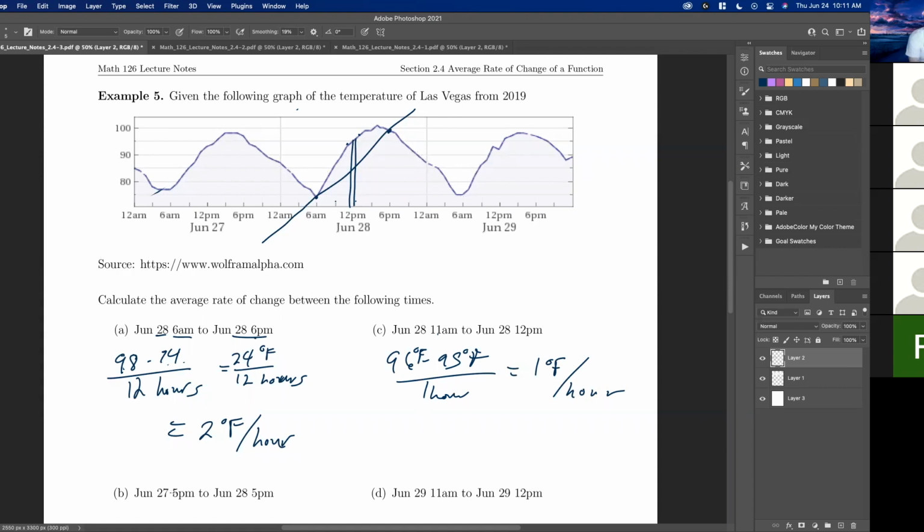All right, so let's do from 5 p.m. to 5 p.m. from the 27th to the 5th. Let me do this in a different color. So here we're going to do about 5 p.m. So that's about here, and about here, I suppose, right? And so here's the secant line.